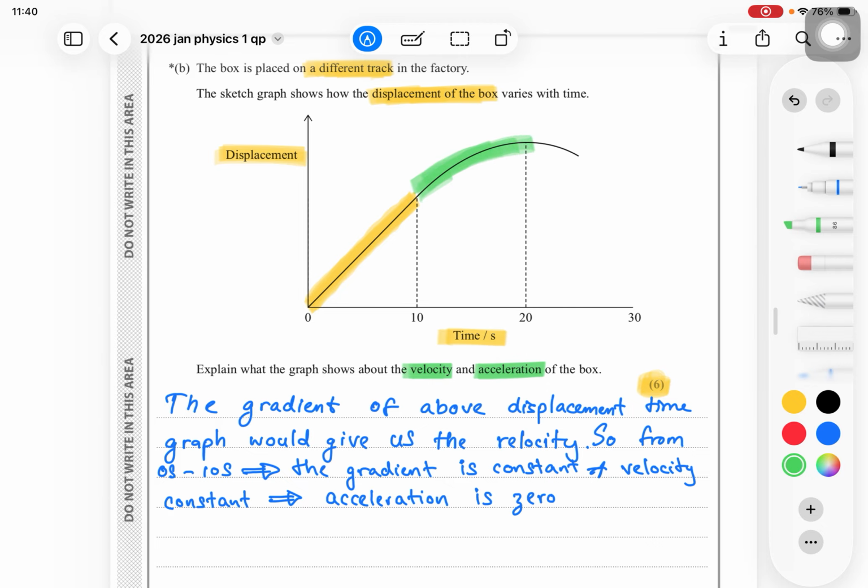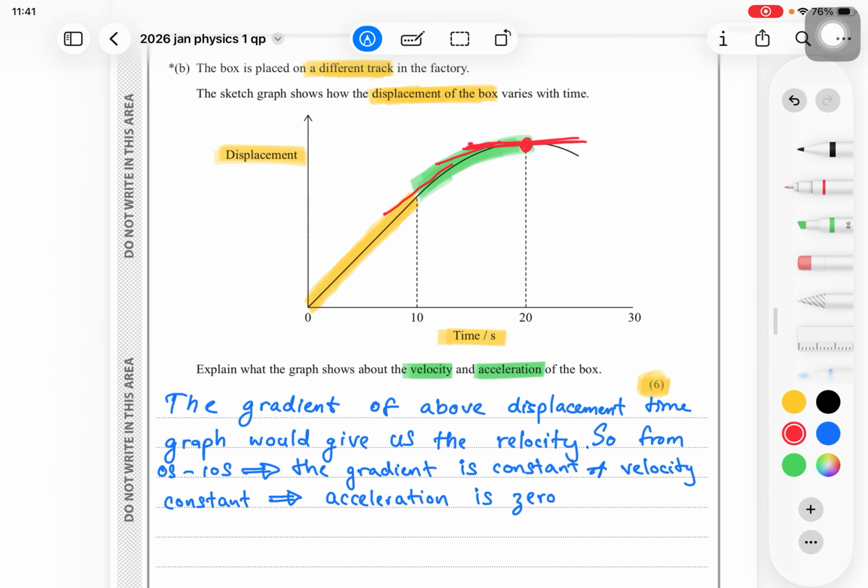The gradient would be this line, the tangent. At some point the gradient is decreasing, and right at 20 we can see the gradient is exactly 0. So the velocity will become 0 at that time as well.